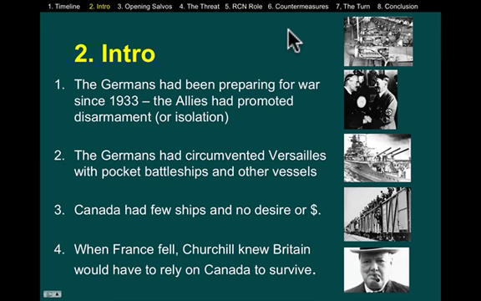Okay, so as we begin, it's important for you to understand that the Allies entered the war way behind the Germans. In 1933, Hitler came to power, and almost from the start, he began building the German military machine, both in terms of men and equipment. While this was going on, the Allies, especially the British, were proposing a policy of disarmament and appeasement.